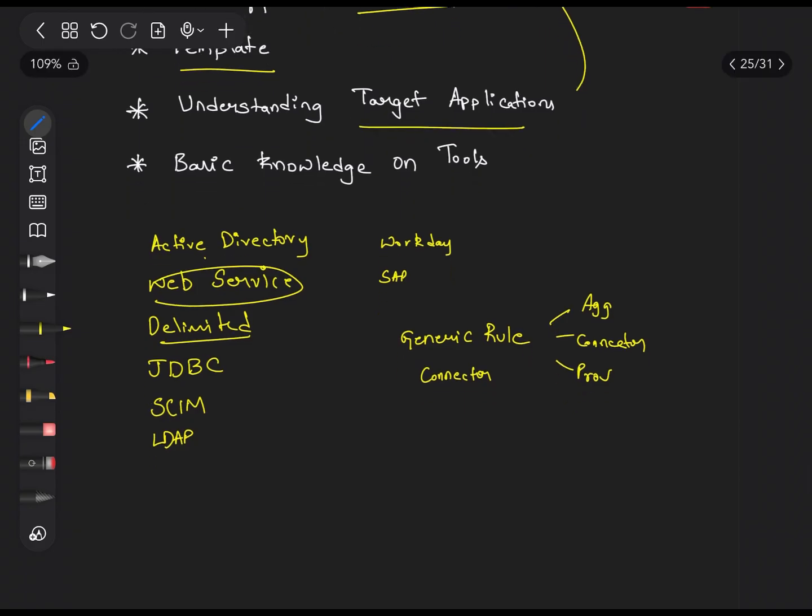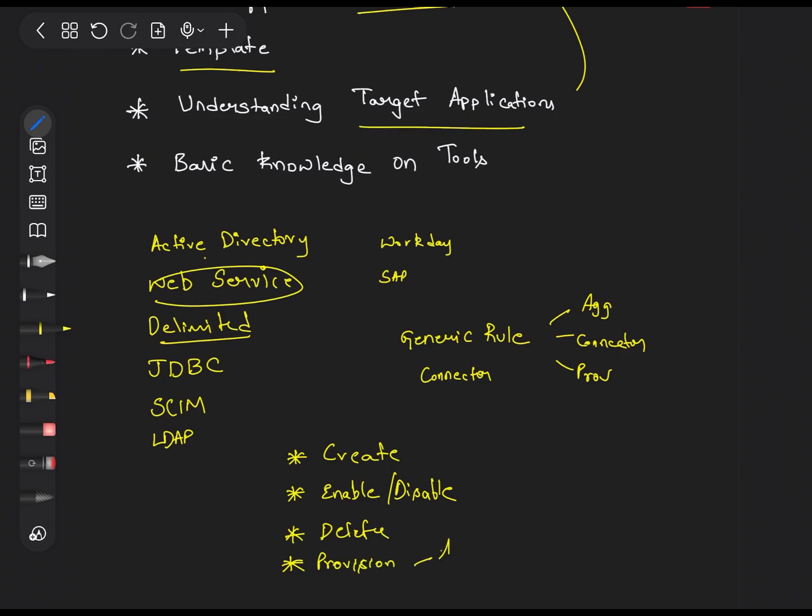The basic operations for any application onboarding are create, enable, disable, then delete if required, then provisioning. Provisioning in the sense you can have add, remove. So these kinds of things.